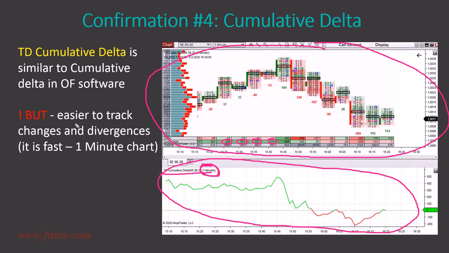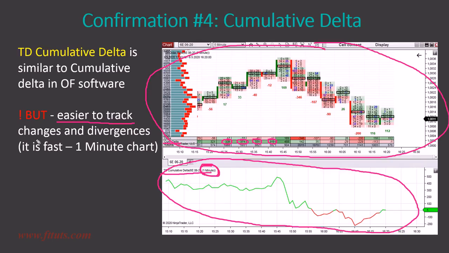So the changes in delta, the changes between aggressivity of buyers and sellers, are way easier to track because it's fast. You don't need to wait for another footprint to show you how the delta changed, but you see it immediately on this line delta, alright?